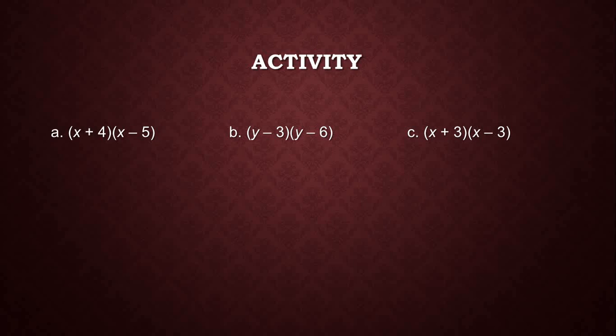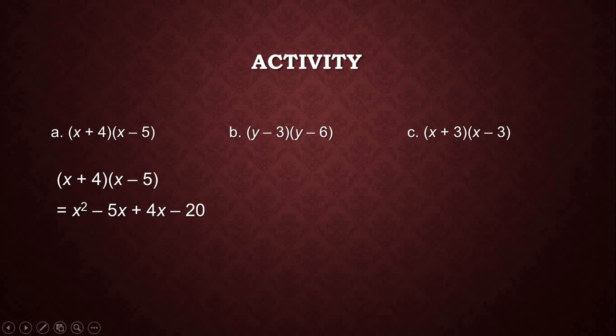I assume that you paused the video when I told you to. So now let's work on the solution. If you have x plus 4 multiplied by x minus 5, you're going to multiply this bracket with this. This x with this x gives x squared. This x multiplied by negative 5 is negative 5x.